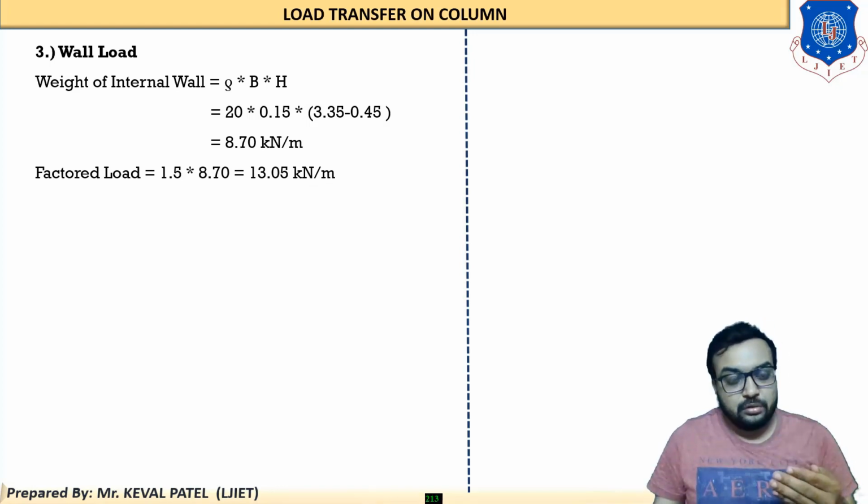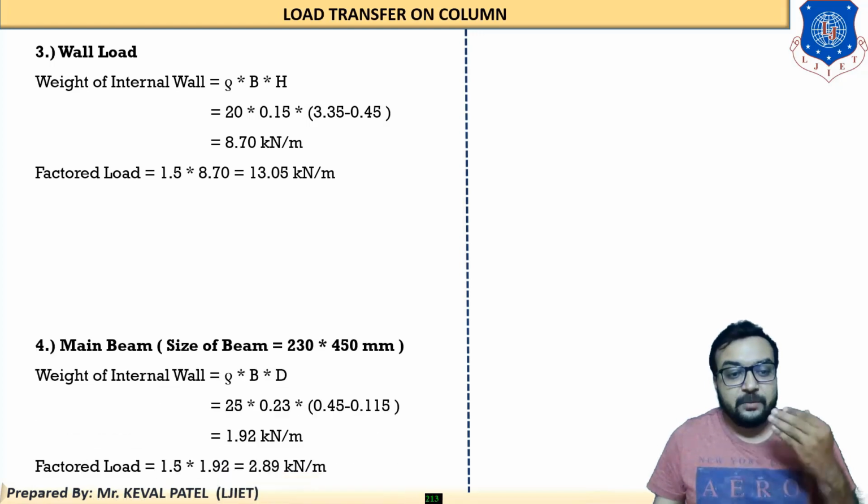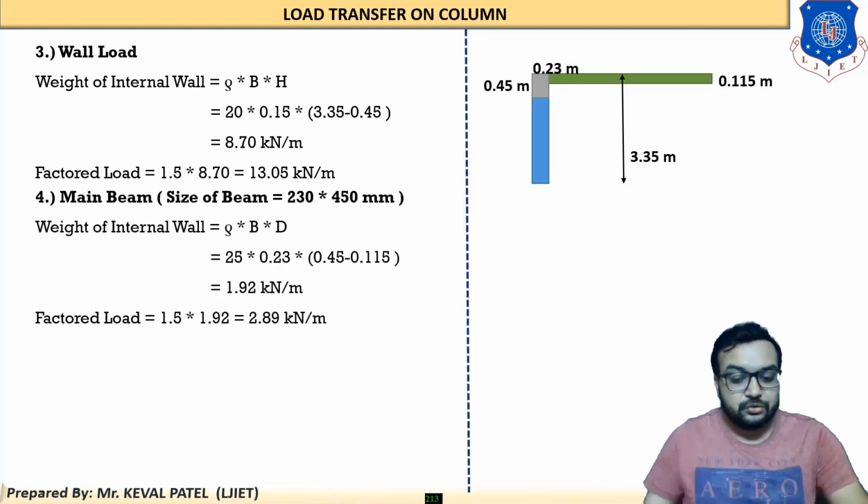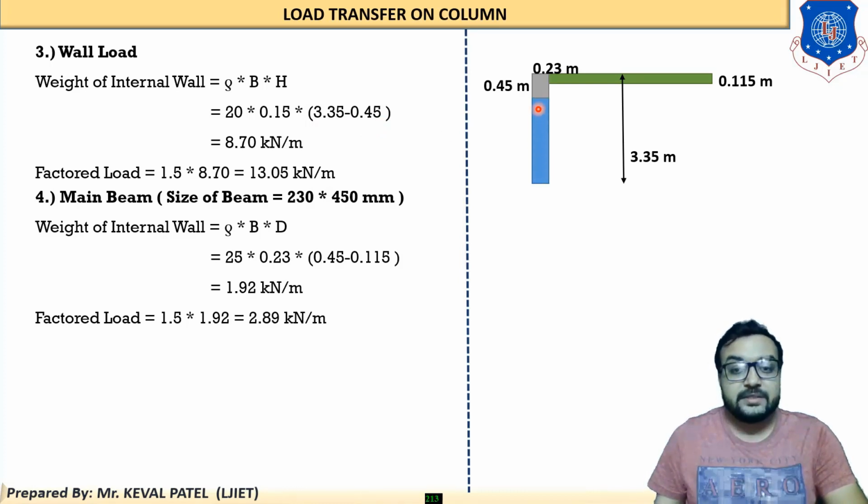After finding the wall load, we have to find the main beam's load. Students, first of all there may be some confusion over here. You can see that this blue color is our wall construction.